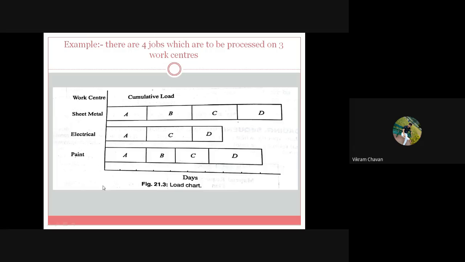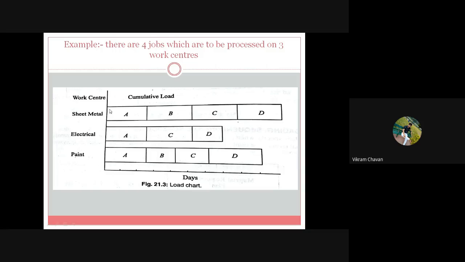So on the x-axis, the time period will be represented as days, years, months, or hours also. And on the y-axis, the horizontal parallel lines divide the sections.